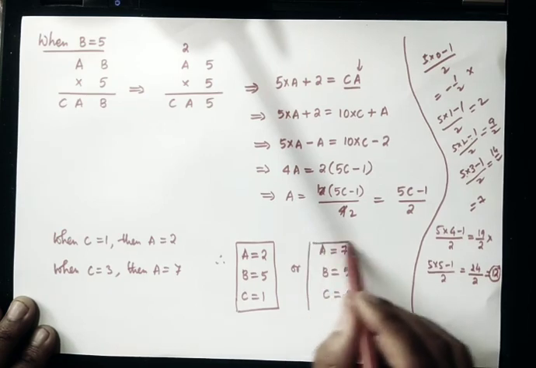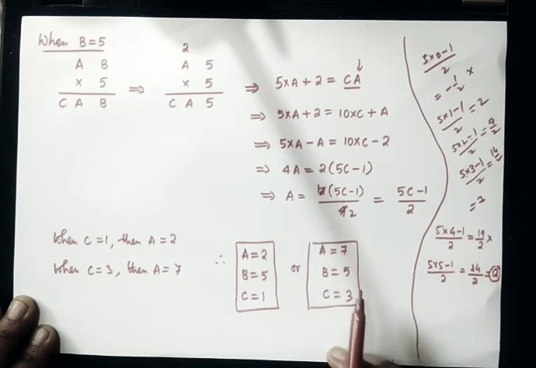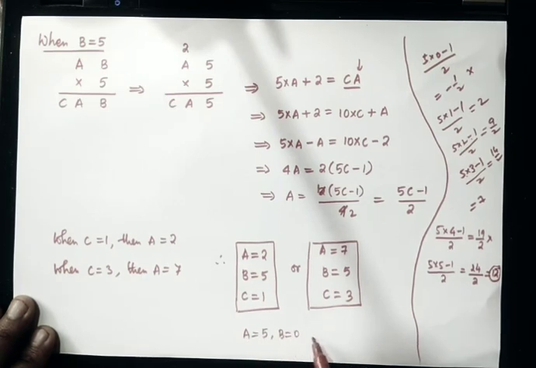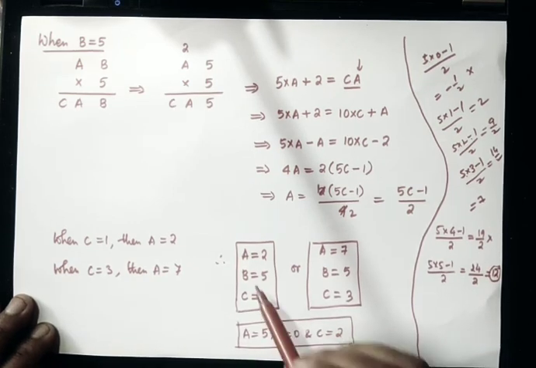Okay, so these two are the answers from when B is equals to 5, and we have already got one more answer from the earlier case, that is A equals to 5 when B is equals to 0 and C equals to 2.